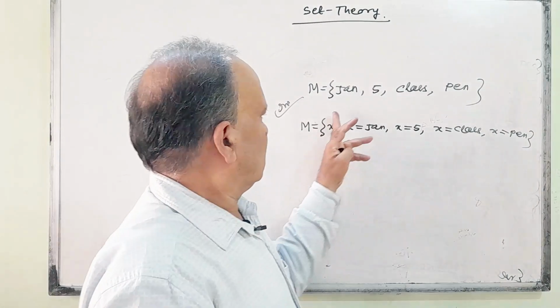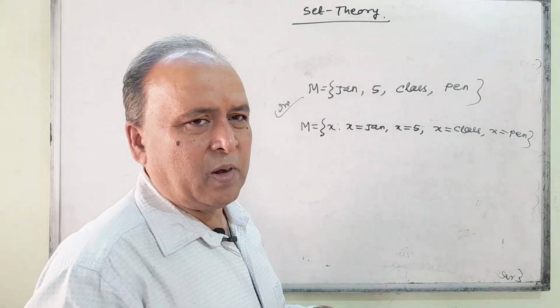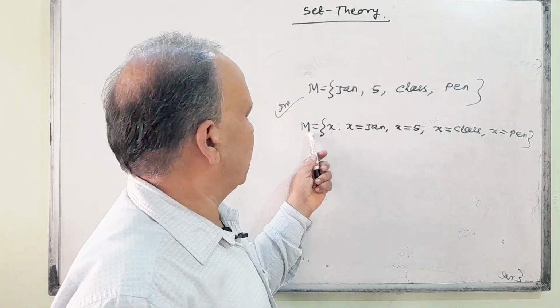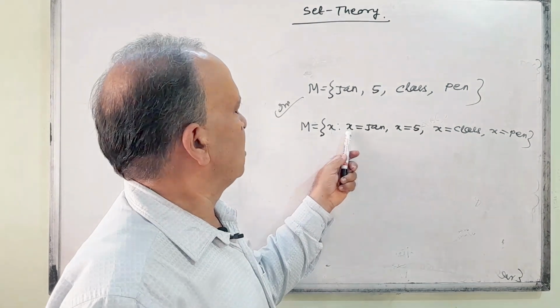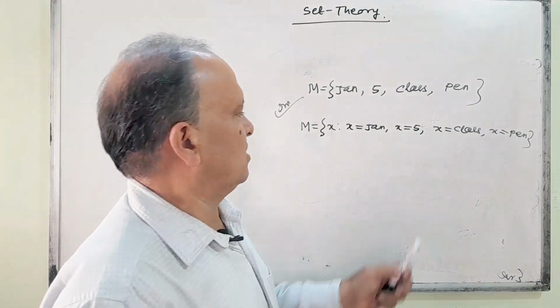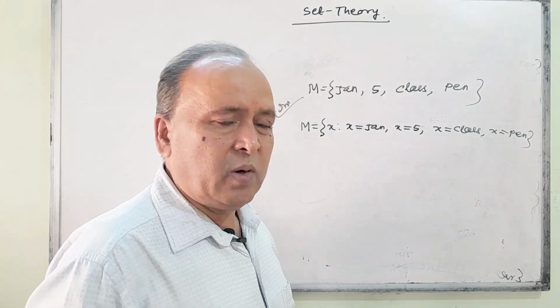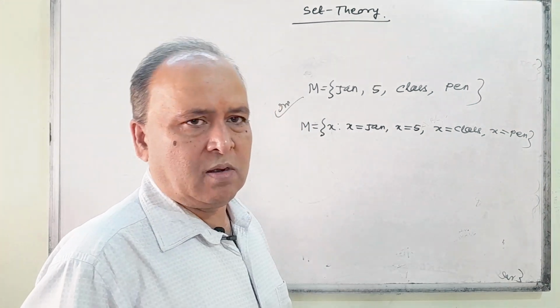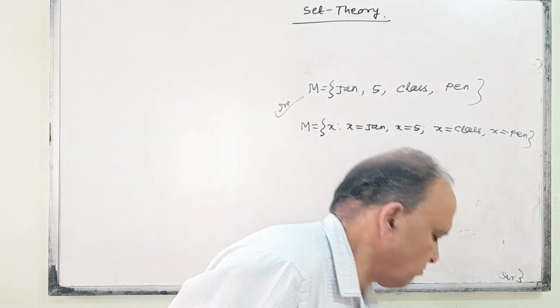Suppose the set has no proper defining property; you represent all members by X. You can write X is equal to January, X is equal to 5, X is equal to class and X is equal to pen, because they have no defining property. Understood or not? Try to understand.